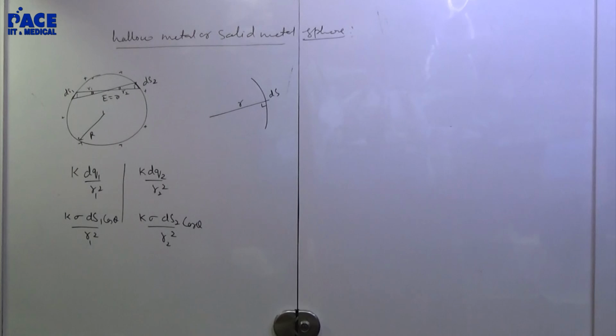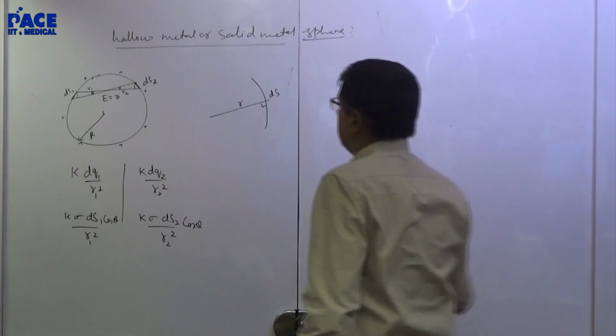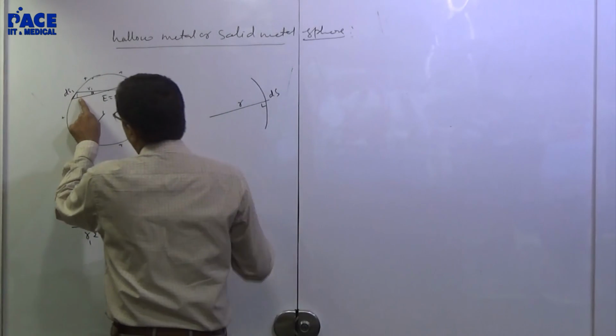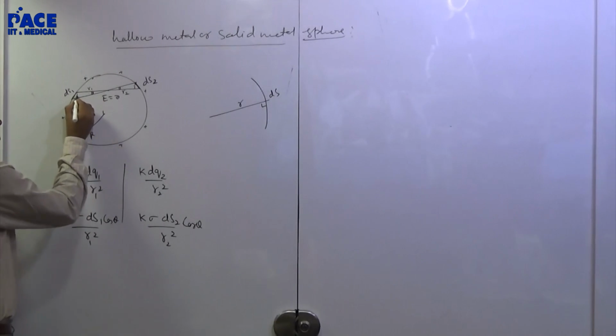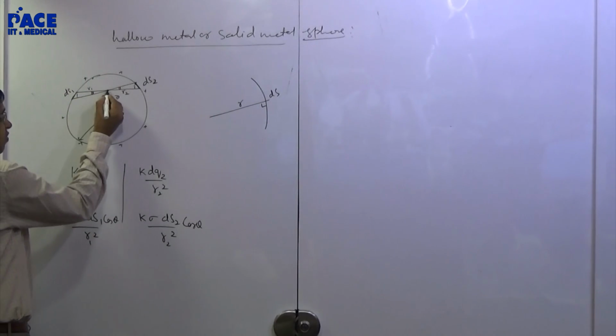Sir, that curved surface DS1 and R1, are they perpendicular to each other? That curved surface, this is DS1. This dotted surface is DS1 cos theta. R1 is the distance from here till here.